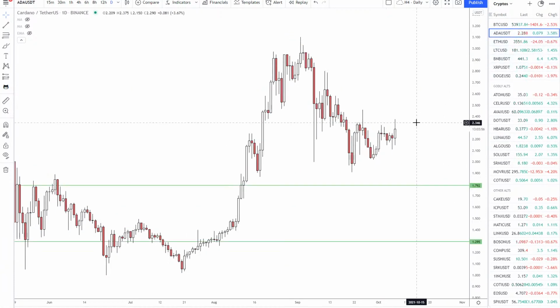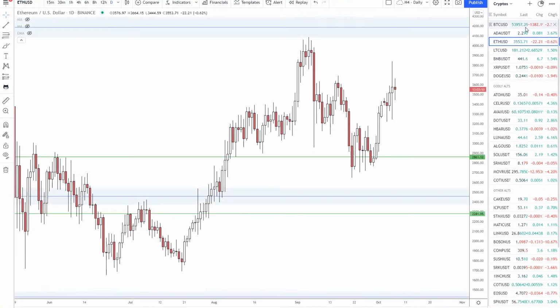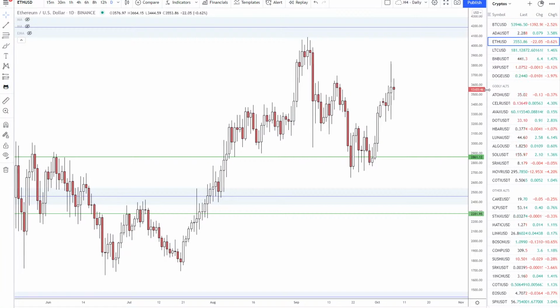Now, obviously, you have to decide for yourself how you want to handle that, but I do have a strong belief that the altcoins are going to start climbing over the next few days.